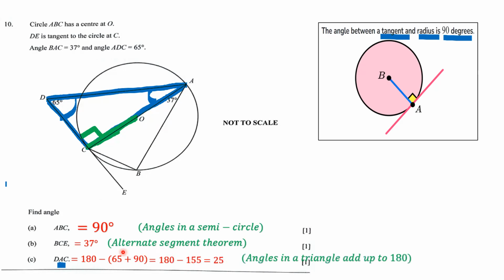We added 65 and 90, then subtracted it from 180 and we get 25. So that means that DAC is 25 degrees because angles in a triangle add up to 180 degrees, and also because of this theorem which tells us that the angle between the tangent and the radius is 90 degrees. Okay, let's move on to the next question.